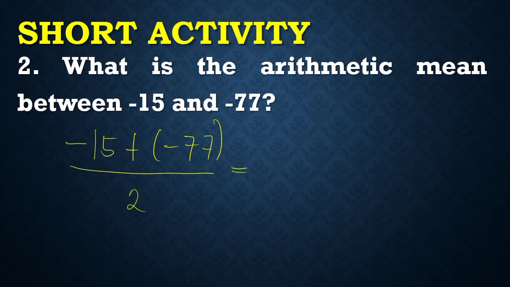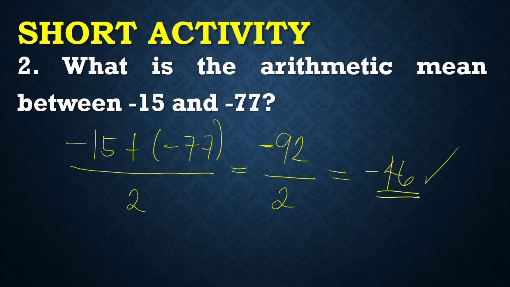Since like signs naman sila, we add 15 and 77 and then we indicate negative dun sa sagot natin. So 15 plus 77, that is 92. And then lagay natin yung negative, divided by 2. So negative 92 divided by 2, that is negative 46. So this is the arithmetic mean.